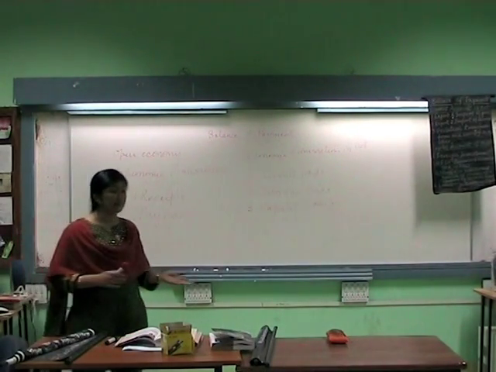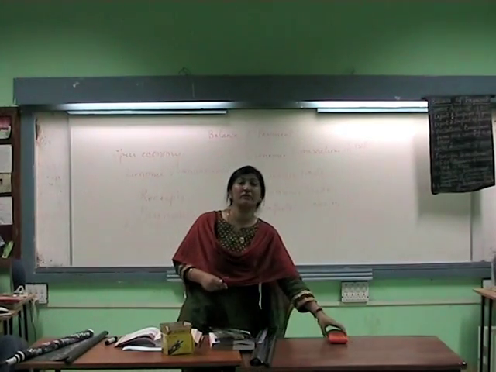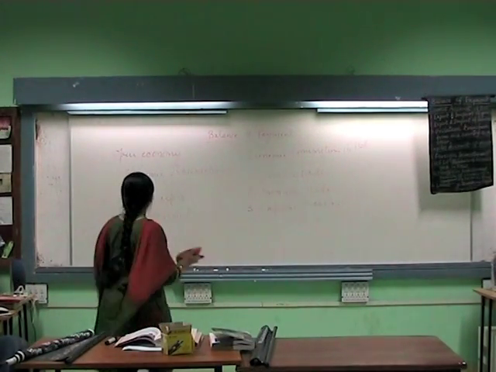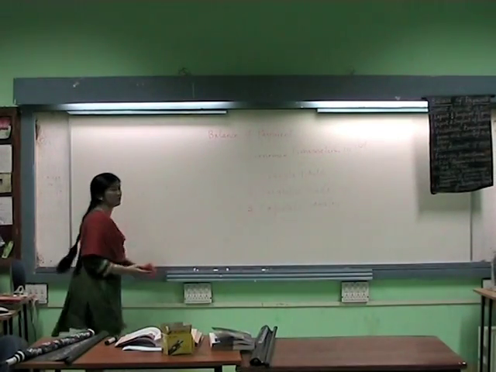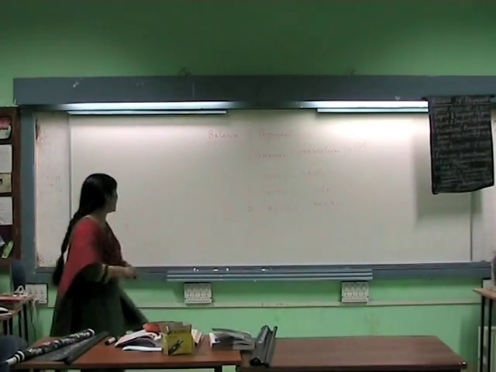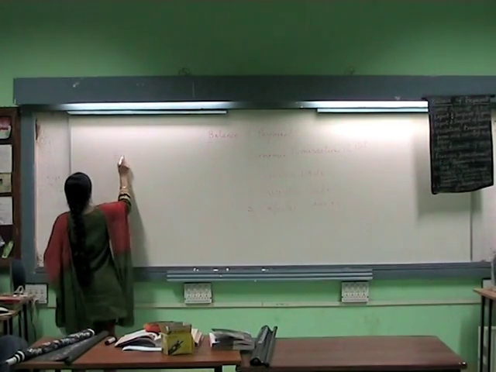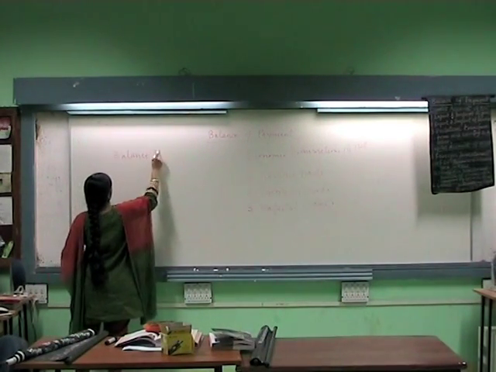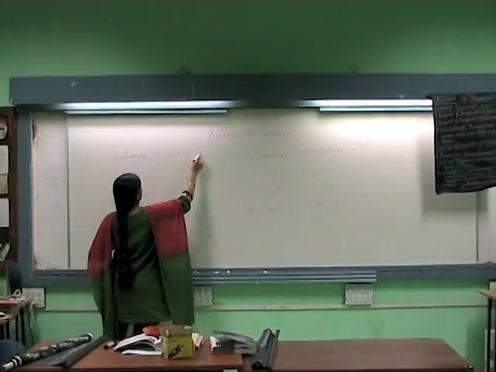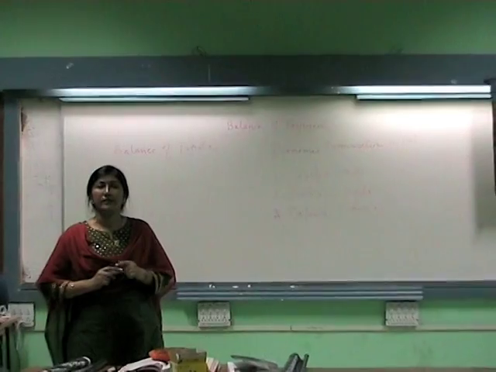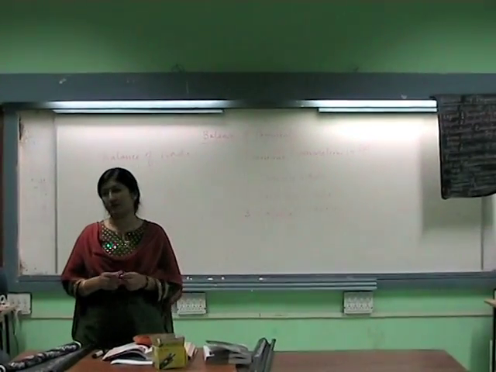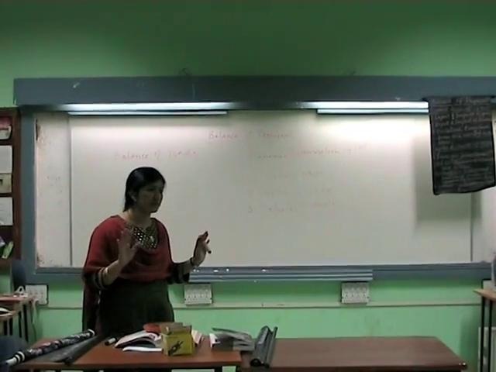Now there is another term which is known as balance of trade. Now what is this concept of balance of trade? There is a slight difference between balance of payment and balance of trade. Trade involves only and only the export and import of goods, only visible items.